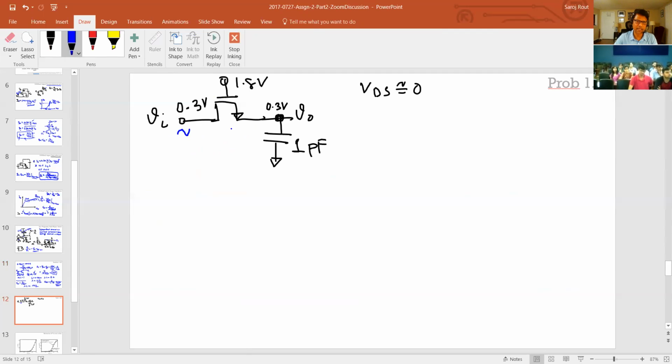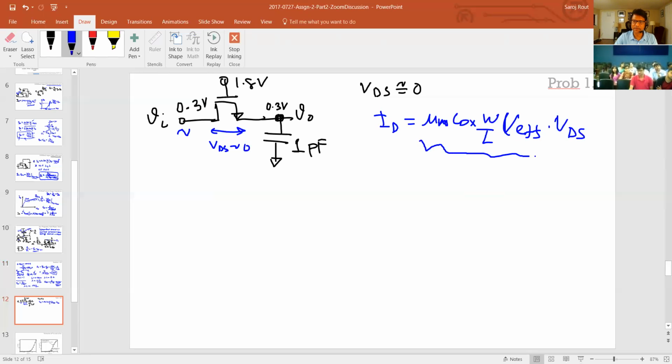Which means that once you bias it, even if you put a small signal over here, this VDS is no more 0, but it's still a very small signal. So you can use just a linear equation, mu n COX W over L, V effective times VDS, right? And that's your 1 over R. And so it's simple algebra after that.